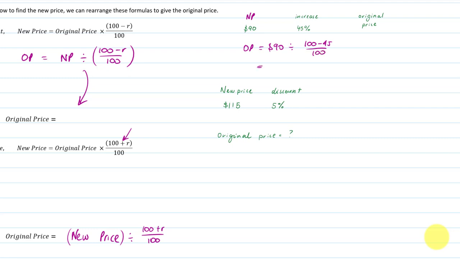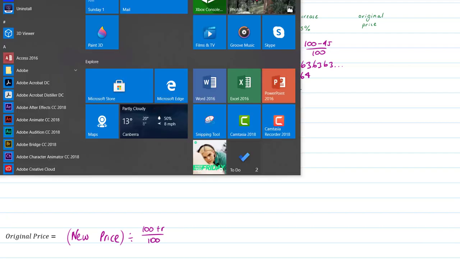And again, I'm going to have to go back to my trusty calculator, and that's $90 divided by 100 minus 45 over 100, and that comes out as 163.636363, so on, and I'm going to make the claim that that is approximately equal to $163.64. Keep in mind that with money we always round to 2 decimal places at the end of a question.